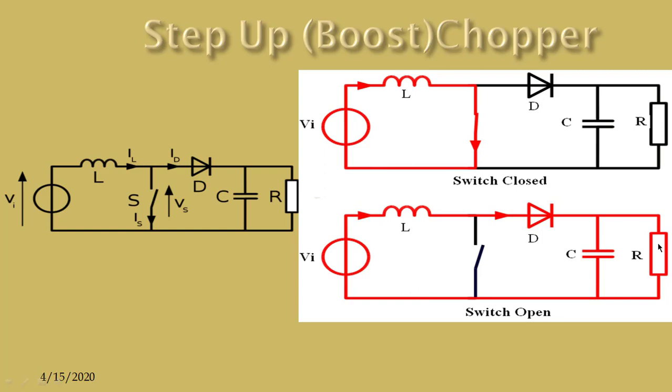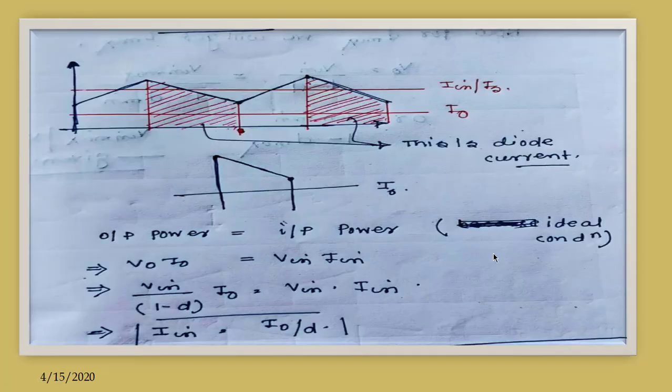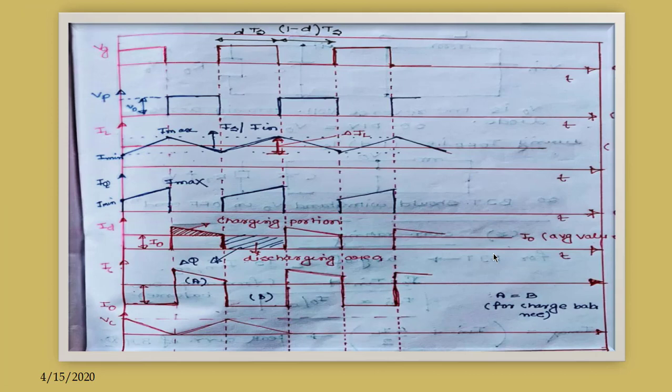And this I0 is the DC component, or average component, and the current which is flowing through this capacitor, its average value is 0, because in total period it is charging, discharging, so average value is 0. So that's why in case of inductor the average current was the source current, whereas in mode 2 in the diode, the average current is I0. And so that's why we have mentioned in the waveform that average current is I0.